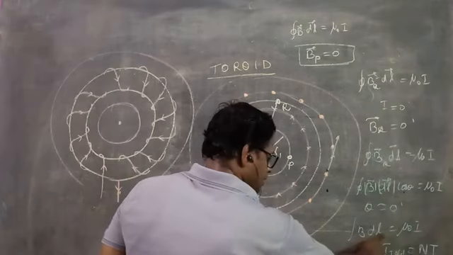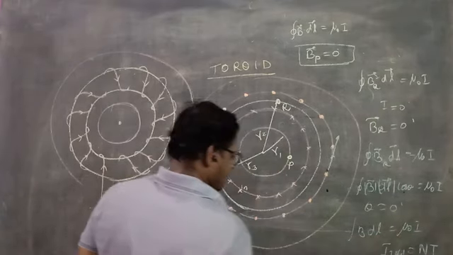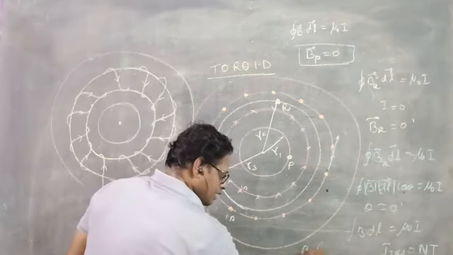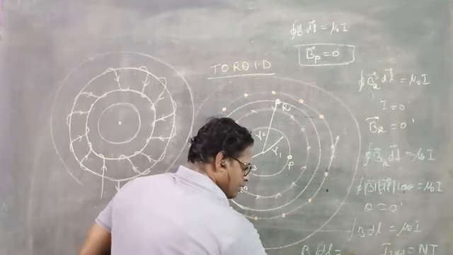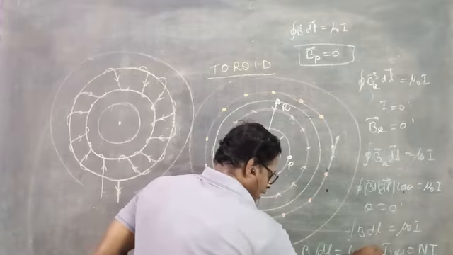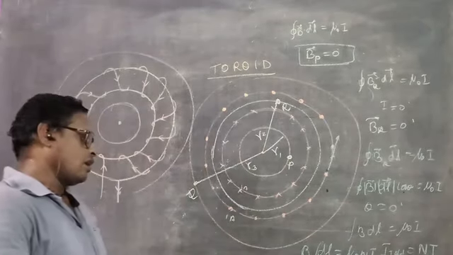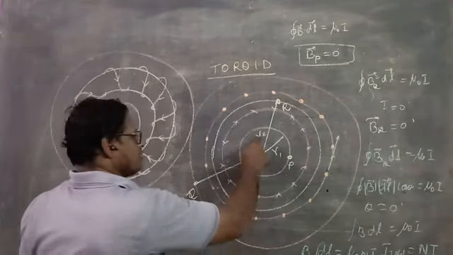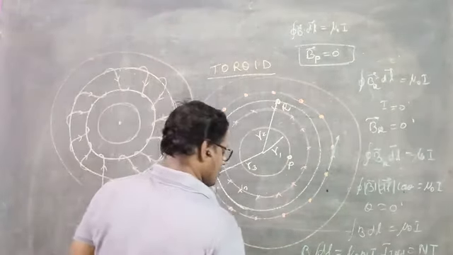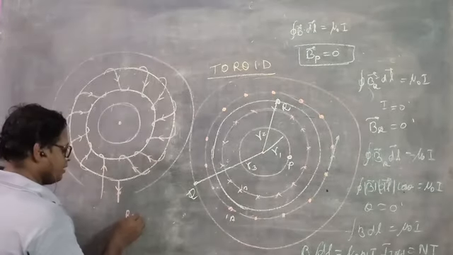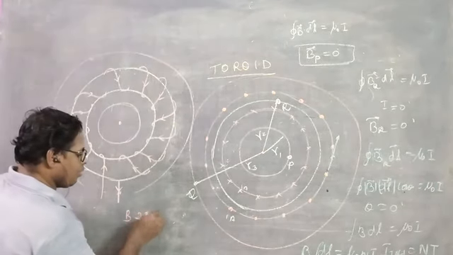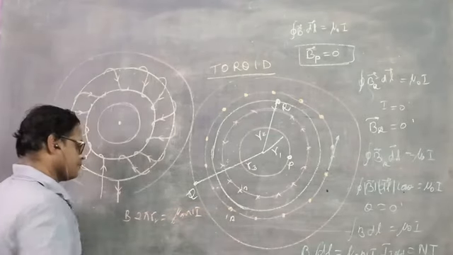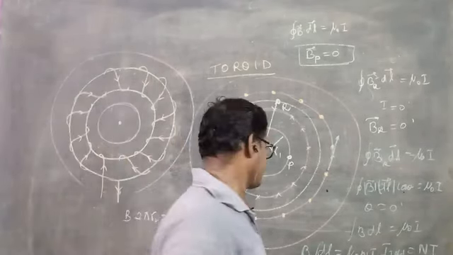So B into dl is equal to mu naught into N I. B into the integration of dl is equal to mu naught N into I. What is the integration of dl? The integration of dl gives the entire circle. If this is R2, you consider that as R. So B into 2 pi R2 is equal to mu naught N I.